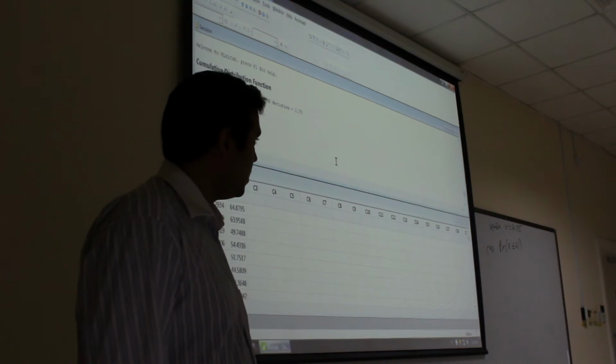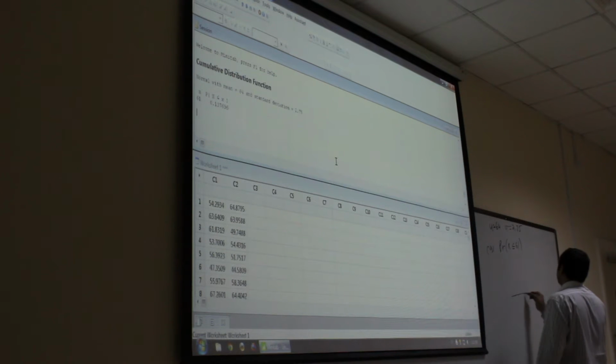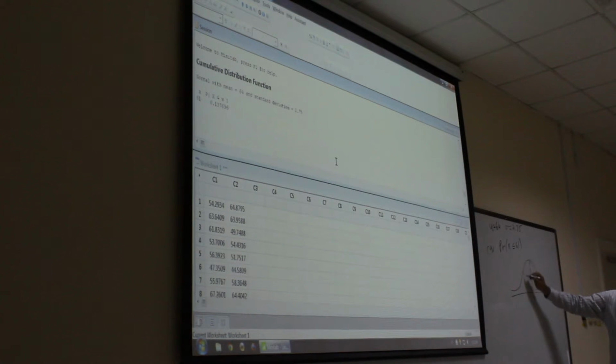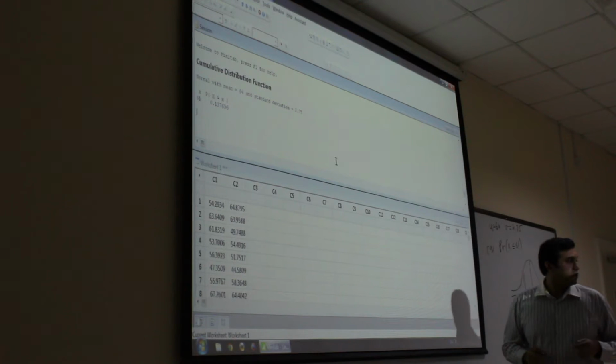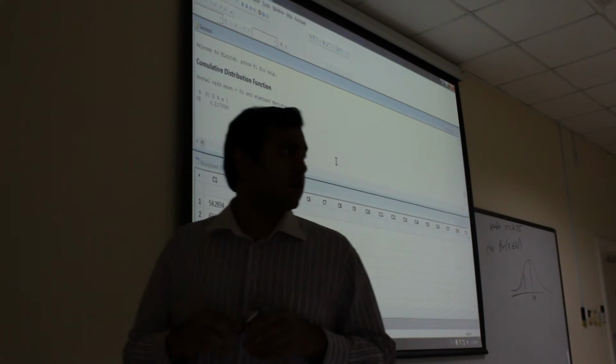Let me illustrate by drawing this. If you have this normal distribution, with mean 64, it's not a good picture, but the probability of x equals 61 will be 0. But the probability that x is less than 61 will be this area. The area under the curve is exactly the probability.